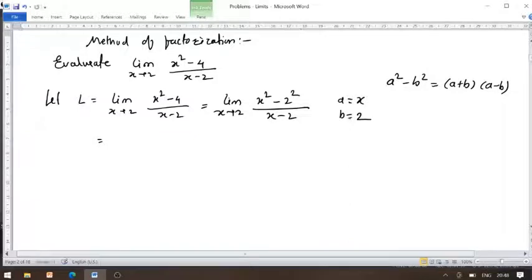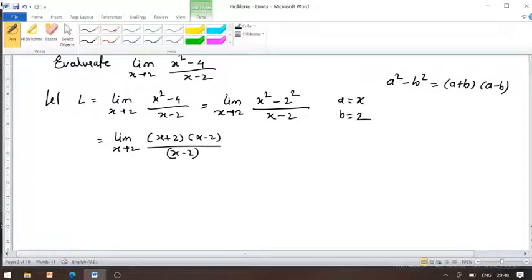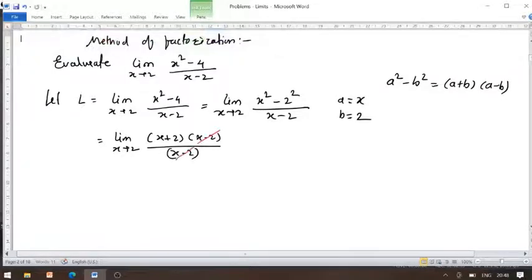So let's replace a and b by their values. We get limit as x tends to 2 of x plus 2 into x minus 2 divided by x minus 2. So x minus 2 from numerator and denominator gets cancelled, and we are left with the limit as x tends to 2 of x plus 2.